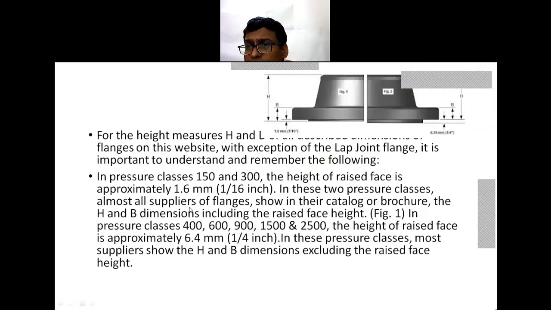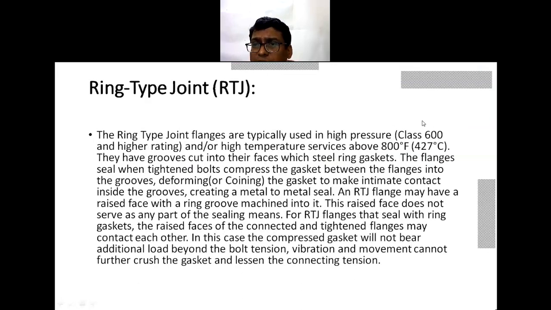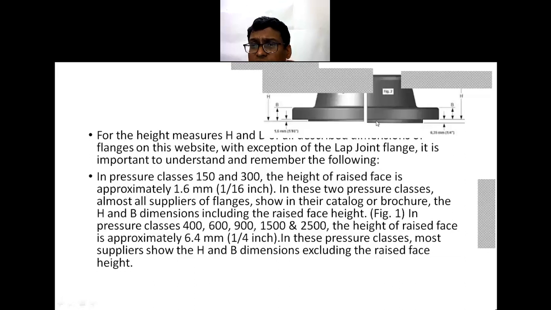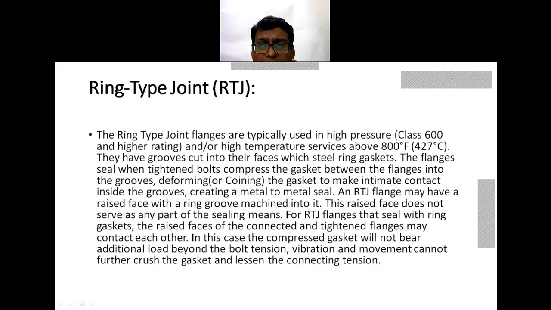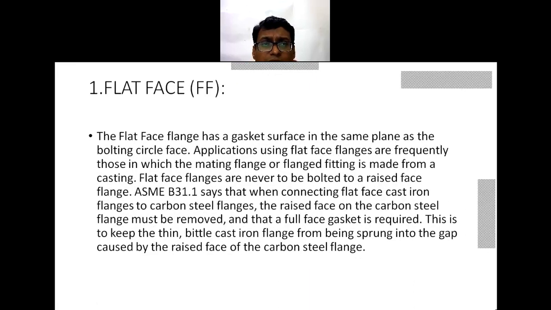Then here you can again distinguish the raised face, the different level of the raised faces that you can see in these two figures. Then the ring type, and then the flat face gaskets will be available.